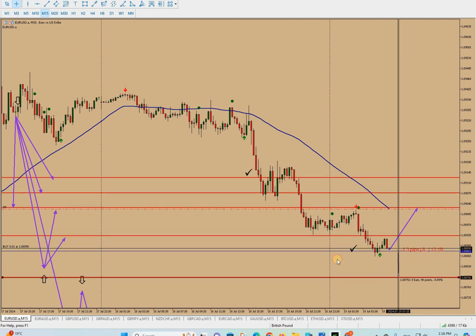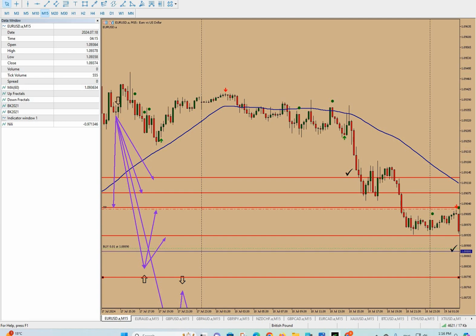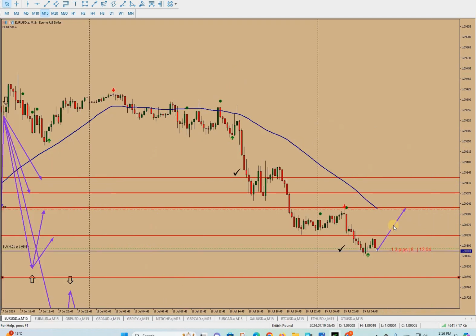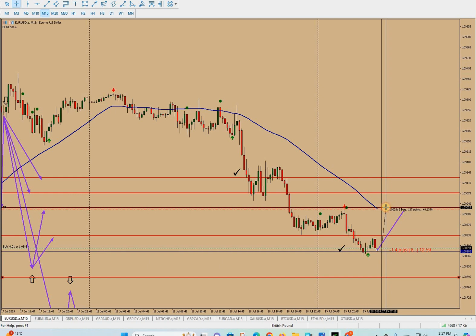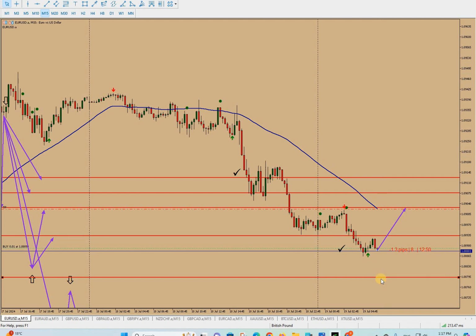About 10 pip. From here to here is about 13 pip, so we have to put about 7 pip around this area as a stop loss. So it would be 1.0885.